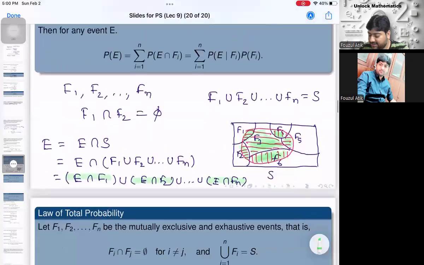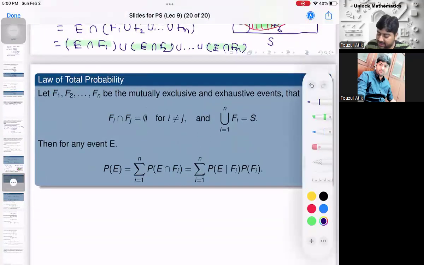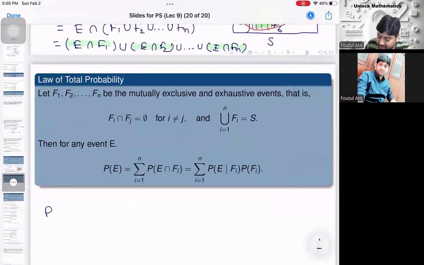Now, because all of them are mutually exclusive, I can write down the probability of E equal to the probability of the union of all these events. And we know from the axioms of probability that if all of them are mutually exclusive, then it is the sum of their individual probabilities.